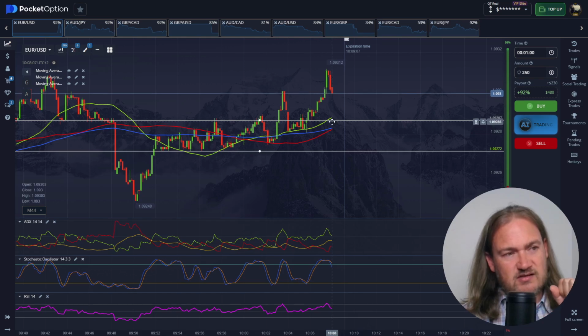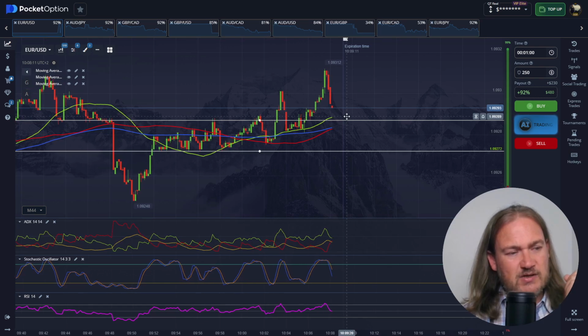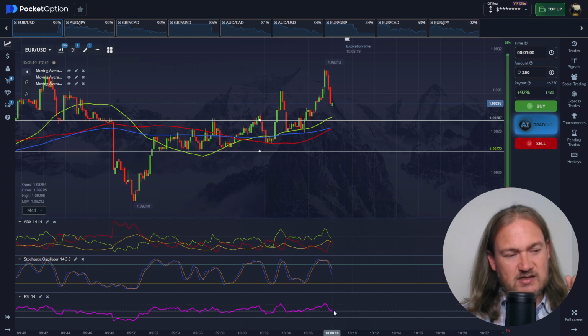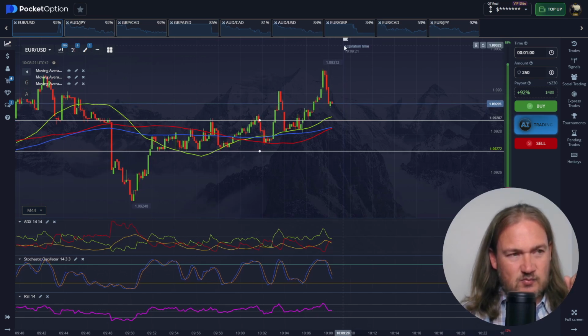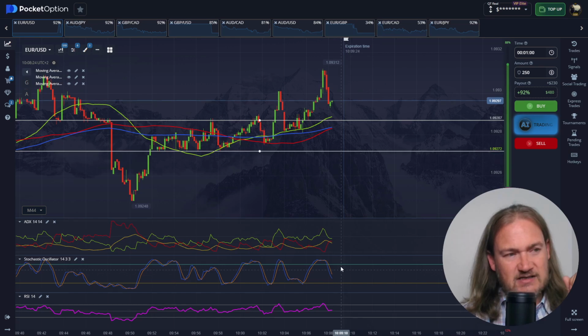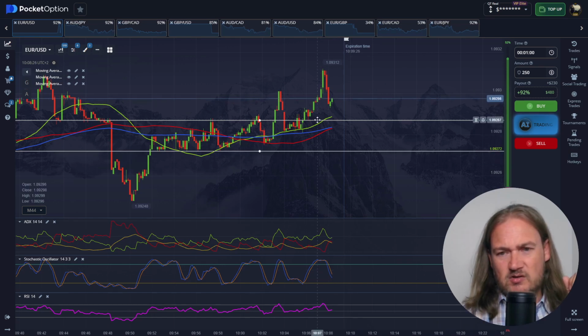Once these have crossed and they are not moving towards each other, they're opening up, we can actually start looking for RSI trades as well. At the moment, although the parameters for an RSI middle line bounce trade are, again, valid, we are not in a strong trending market, so I'm not going to take this trade.